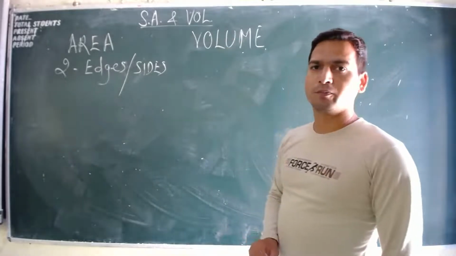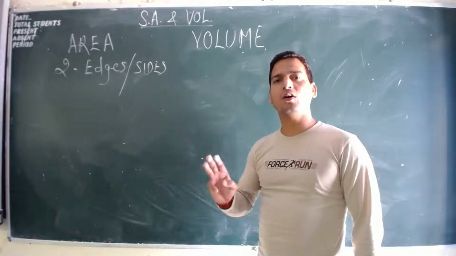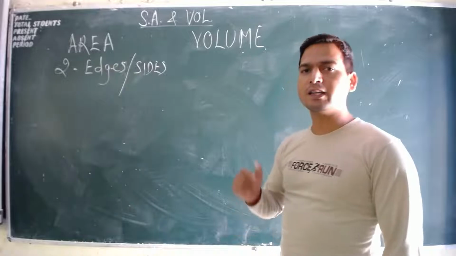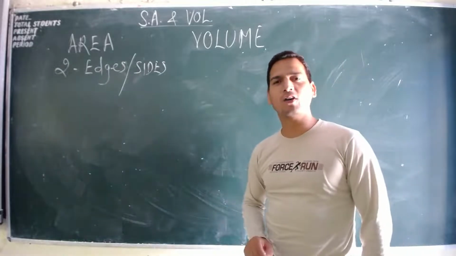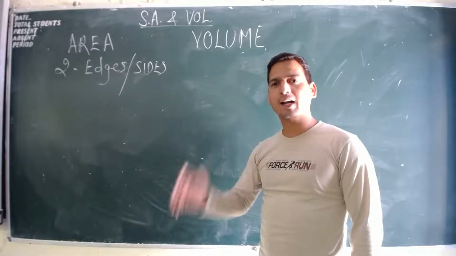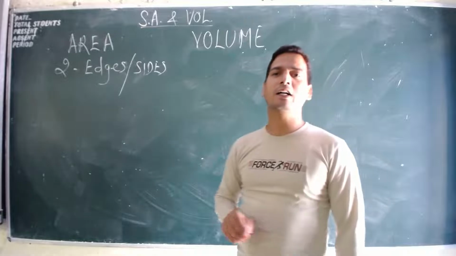For finding volume, volume is found only for 3D figures. You can never find the volume of a circle, a triangle, or a polygon, because all are 2D figures.